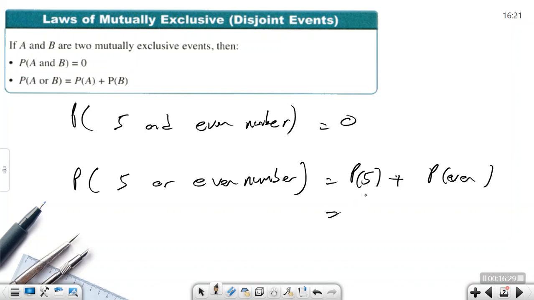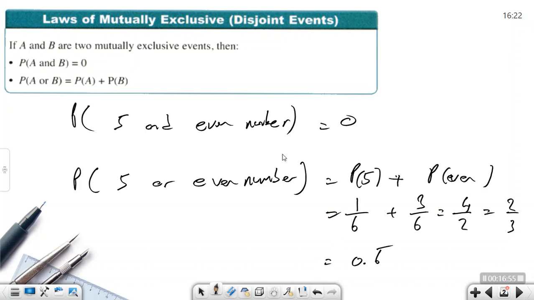What is the probability of 5? We have only one 5, so 1 over 6, plus how many even numbers on a dice? 3, so 3 over 6. 1 plus 3 is 4 over 6, that's equal to 2 over 3, which is nearly 0.66, or exactly 0.6 repeating.